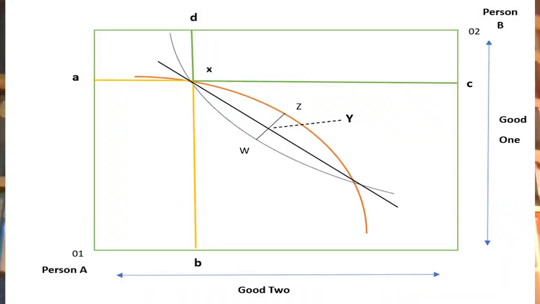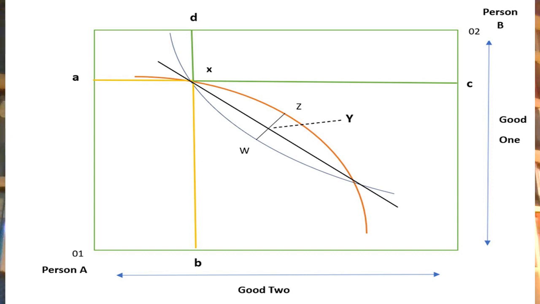Let me illustrate what I mean by reference to an Edgeworth box. Now, this diagram contains two types of thing: two persons and two products. There are two persons, person A in the bottom left-hand corner and person B in the top right-hand corner. These two persons have access to two goods, good 1 and good 2.